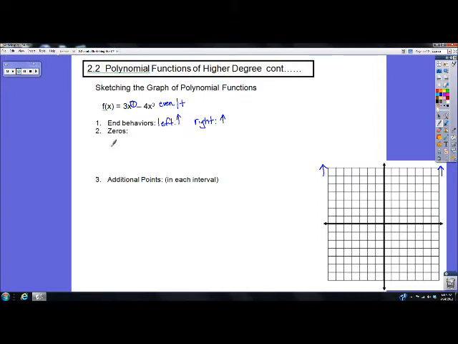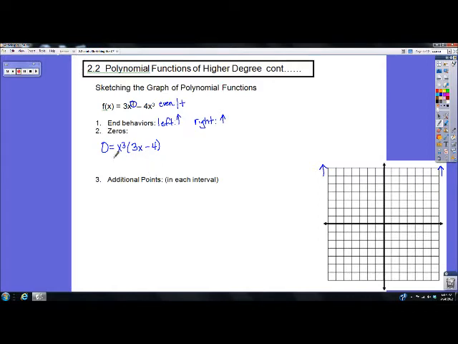So let's go over here and figure out what the zeros will be. In order to find the zeros, we set our equation equal to 0, and I will factor. Let's look for a common factor. Common factor here looks like we have an x cubed in common. If I take an x cubed out, I will have a 3x minus 4 left.